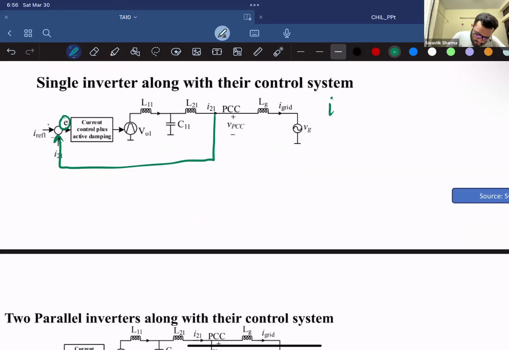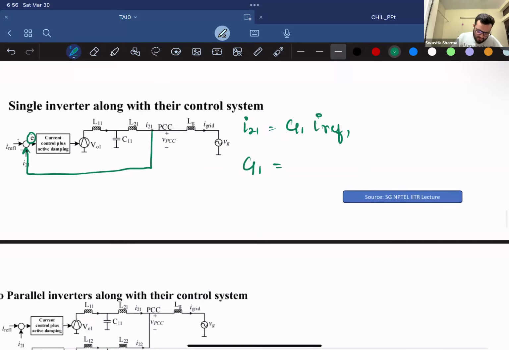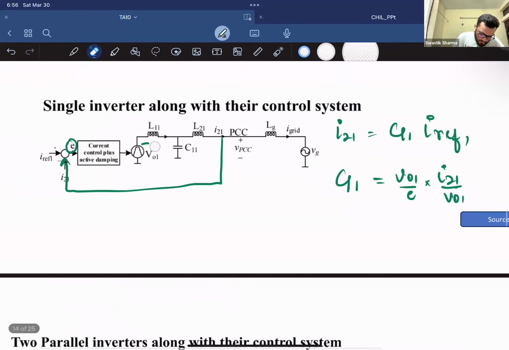Now, for a single inverter, if I need to write the transfer function, it would be I21 equals G1 times I reference, right? Because your input is I reference 1 and your output is the current being fed to the point of common coupling. This transfer function can be found very easily. It would be VO1 by E and I21 by VO1, right? You have the source here and your error function here.